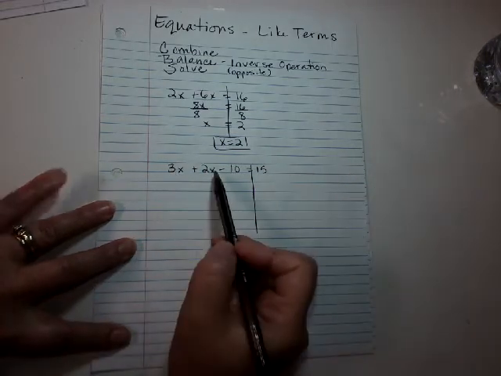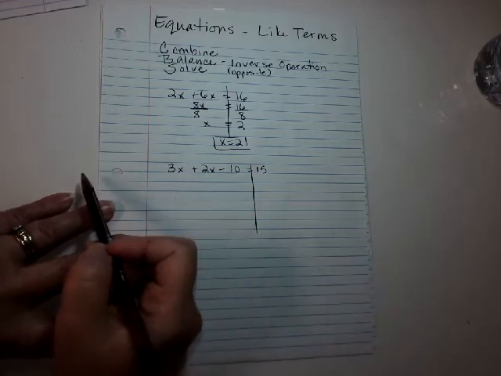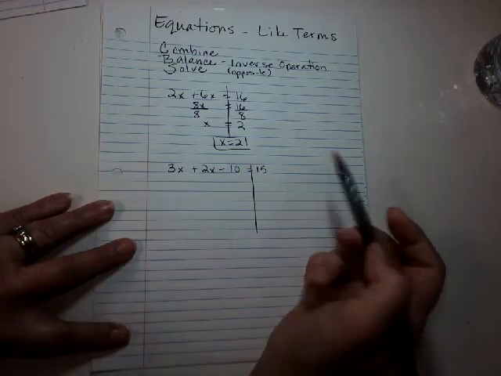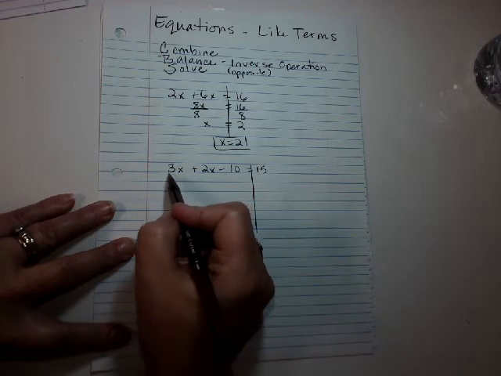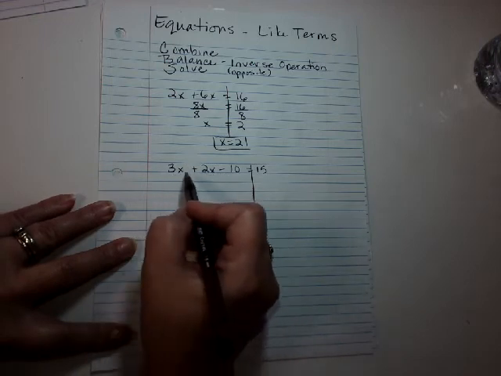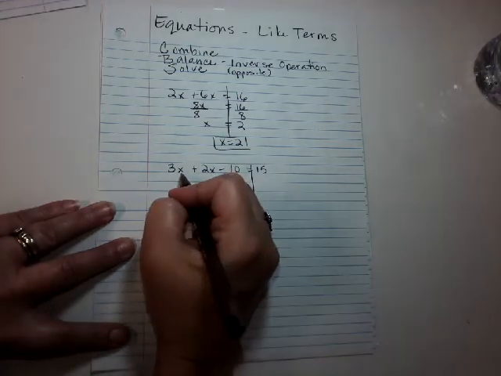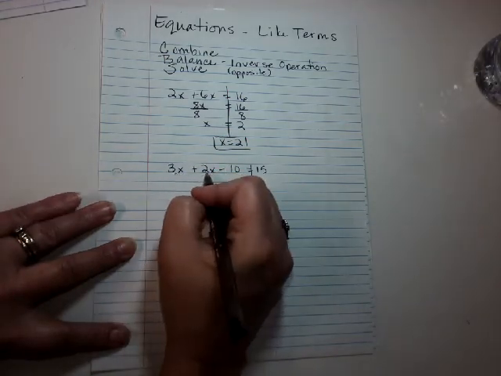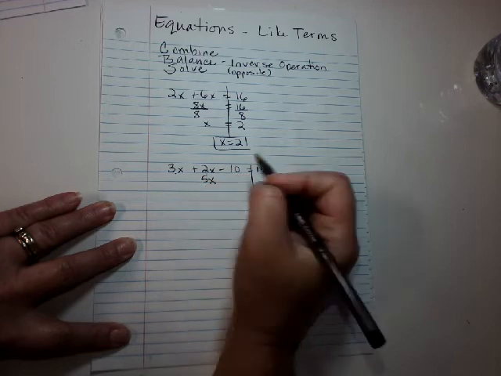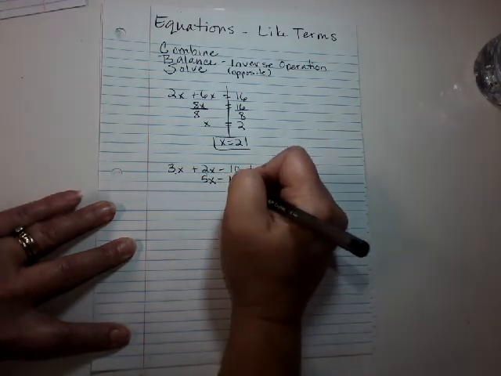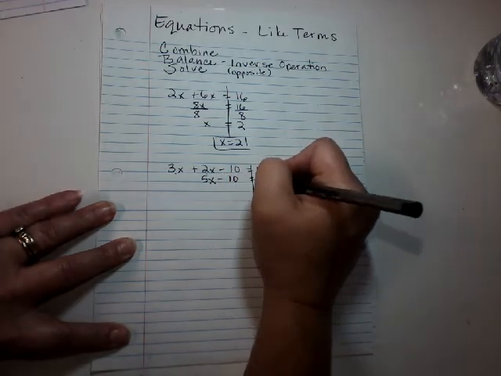So it doesn't matter if I have 5 different things that I'm looking at. Let's go left to right as we're solving. So as I go left to right, these two are both the same as far as types of terms. So 3x plus 2x, 3 plus 2 is 5x. And then bring down minus 10 equals 15.